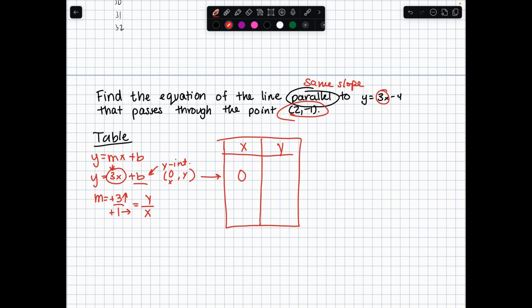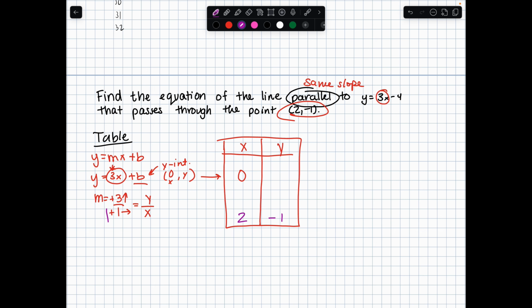And we need to find (2, -1). Where do you think I should put that? Should I put (2, -1) here, or should I put (2, -1) here? Since we're familiar with tables, we would put (2, -1) down here, below 0. It's different on a graph compared to a table, so please be mindful of that.